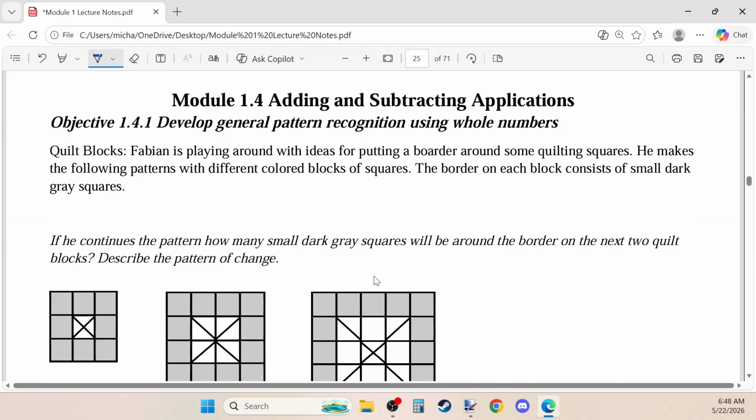Okay, module 1.4. We are going to apply what we learned about adding and subtracting to other problems. So this application is, if there are two skills that are the most important two skills in the class, one is being able to do word problems, being able to take instructions that are not written in equations and turn them into equations so that you can solve a problem.